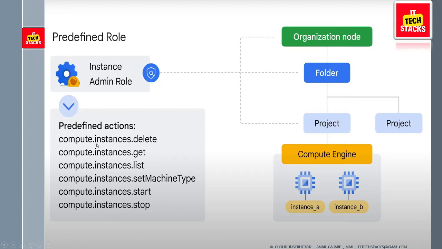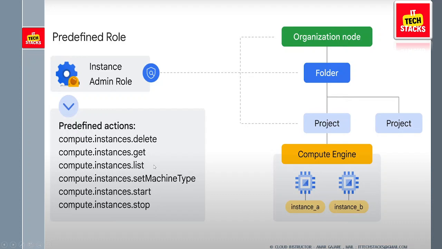So for example, a specific team member can only have access to delete. That role can be defined through instance delete. Or if you want, they can get the instance details, list, set the machine type, and start and stop.